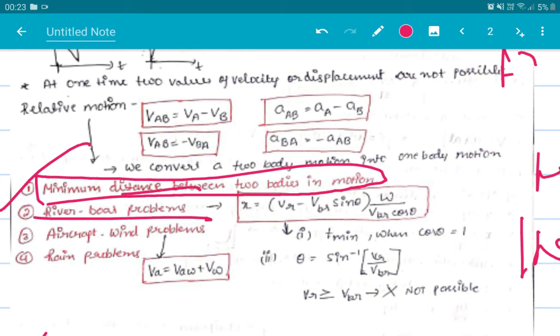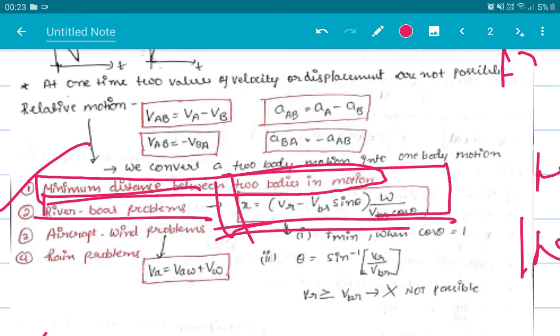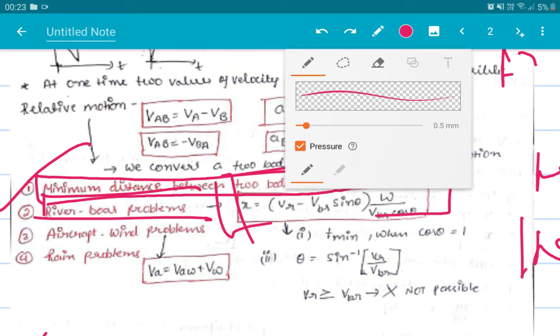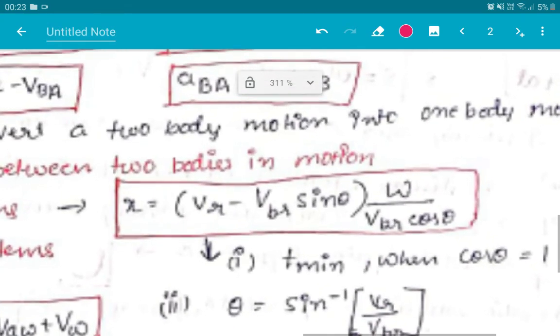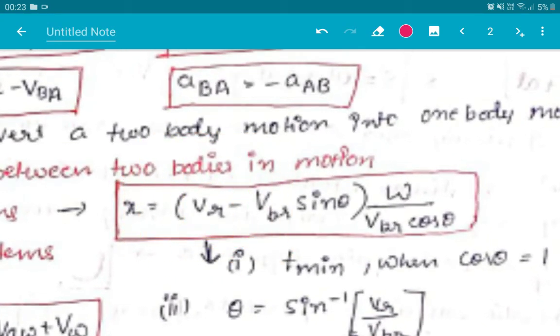And river-boat problems, this is the main formula you need to remember: x is equal to (vr minus vbr sin theta) into w by vbr cos theta.